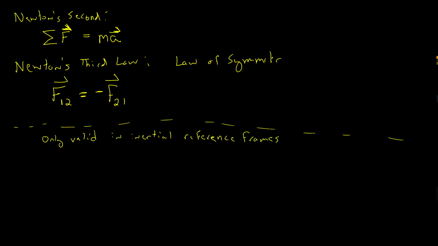We say inertial reference frames are the places where Newton's laws are valid. And what that means is that we can't have things rotating. So our relative frame can't be rotating. And our relative frame can't be accelerating.